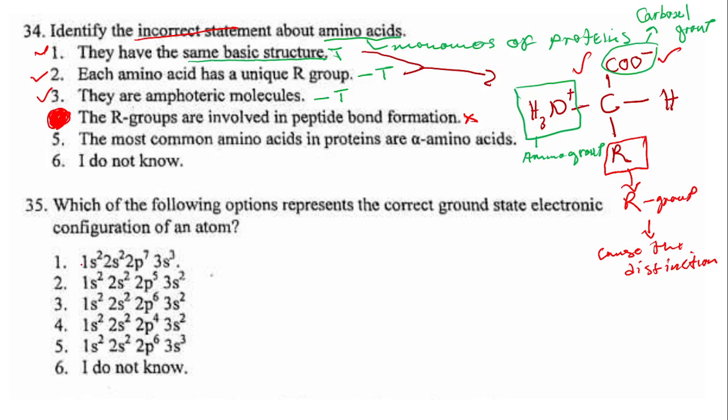Which of the following options represents the ground state electronic configuration? One thing you have to understand is that the ground state electronic configuration is just the arrangement of electrons around the nucleus of an atom with the lowest energy level.